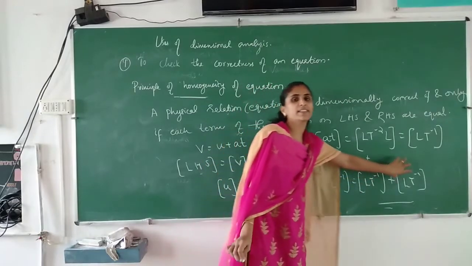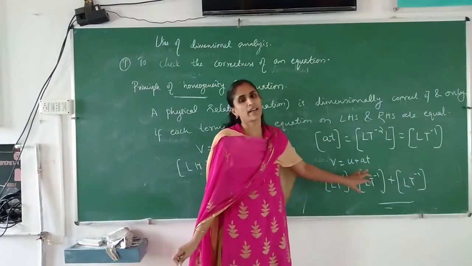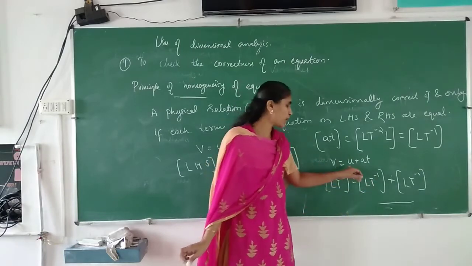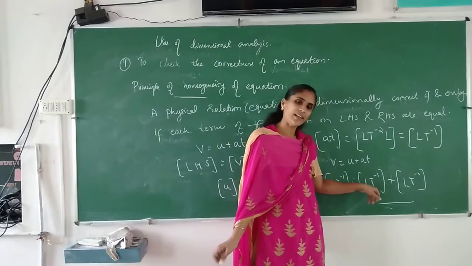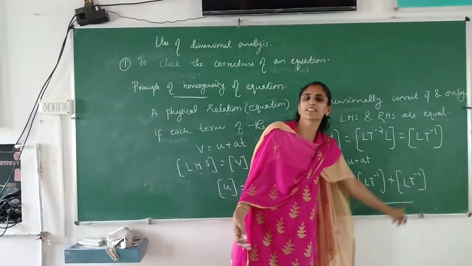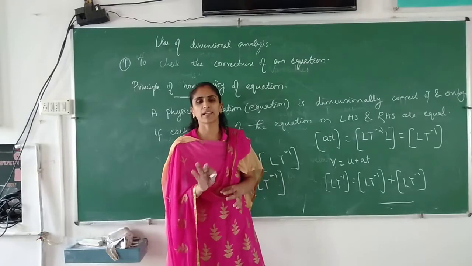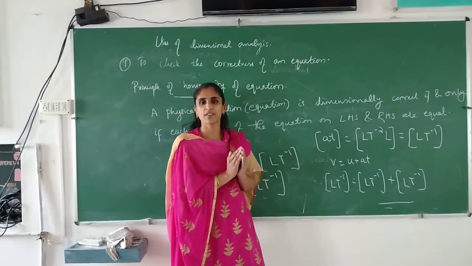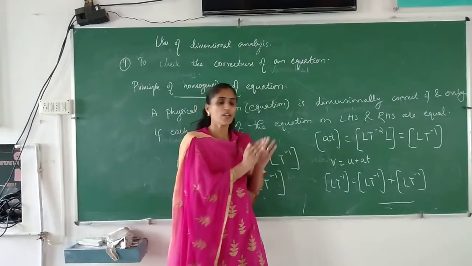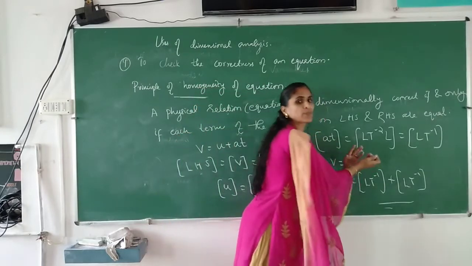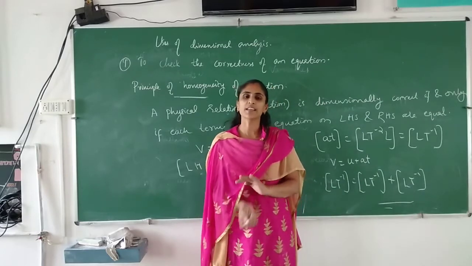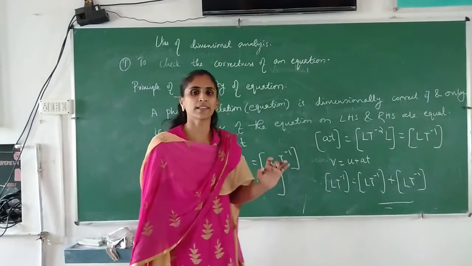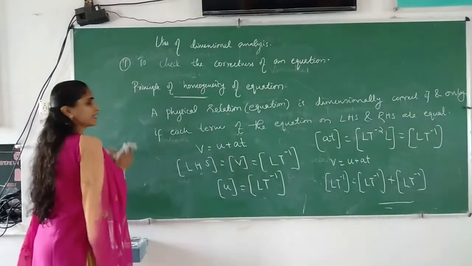Each term in this equation has the same dimension. You don't add them, like LT^-1 plus LT^-1 is equal to 2 LT^-1; no need to write that, because here we are checking the dimensional consistency, whether the equation is dimensionally correct or not. Each term should have the same dimension, then we can say the equation is dimensionally correct. Is it clear? Okay, so we will discuss another example.